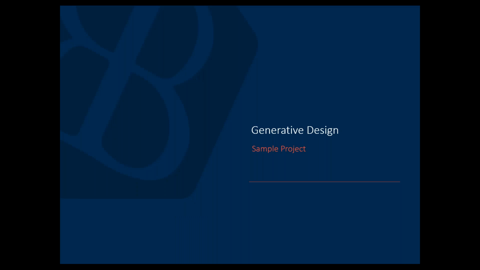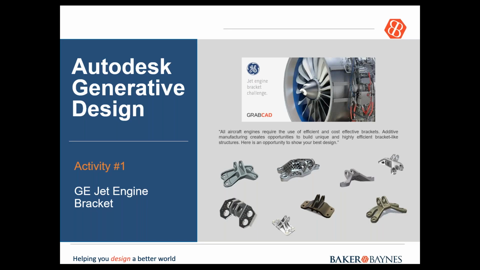The generative design sample project. Someone had to design or create a new bracket for a GE jet engine airplane. On the right-hand side on the bottom, you will see there are a few different designs for brackets that the people created.